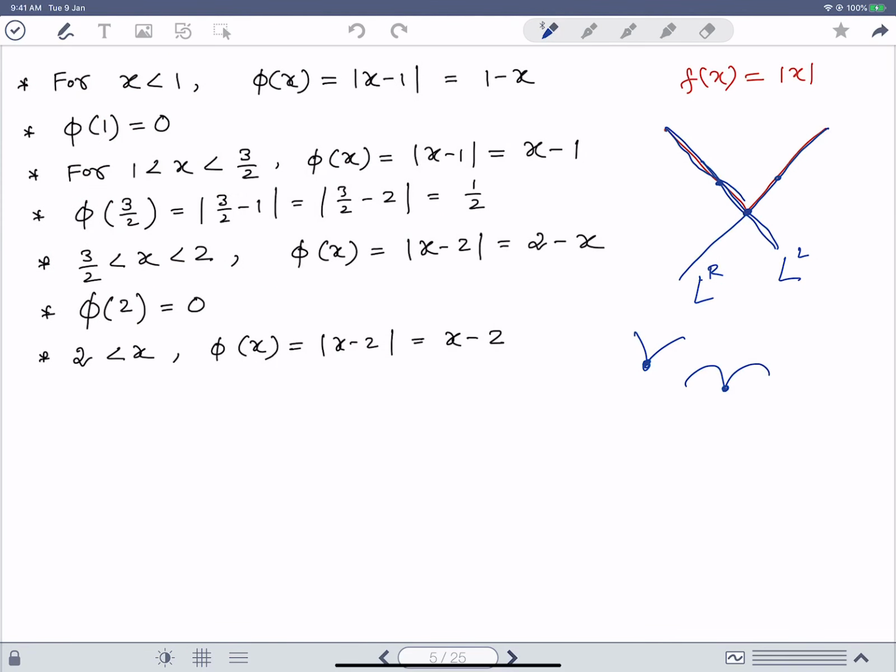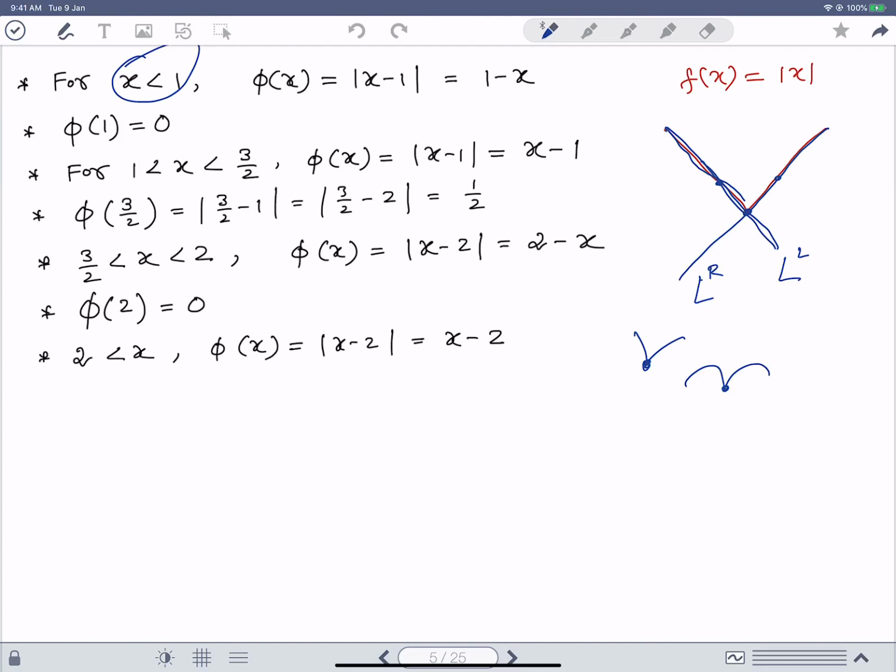So whenever x is less than 1, phi x will be mod of x minus 1, which is 1 minus x. And obviously phi 1 will be 0, because x is 1, so the distance is 0, fine.